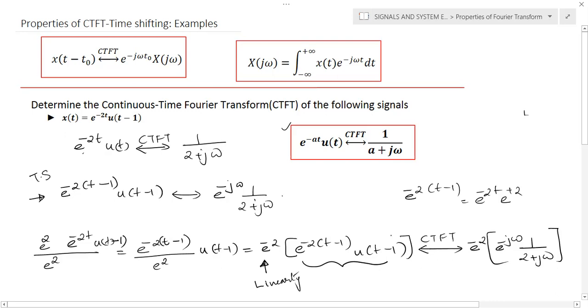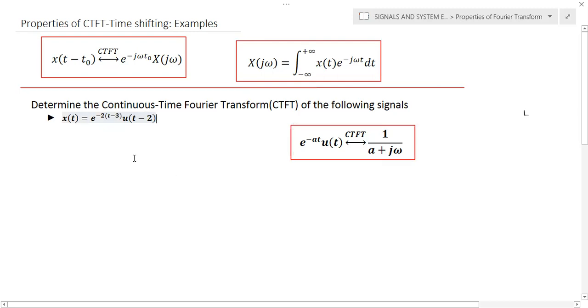Now we'll discuss another question. Again, if you look at this question, you cannot directly apply the time shifting property here because one term is u of t minus 2 and the other term is t minus 3. So I need to write it in another form. You can write e raised to minus 2 into t minus 2 minus 1 minus 3, u of t minus 2.